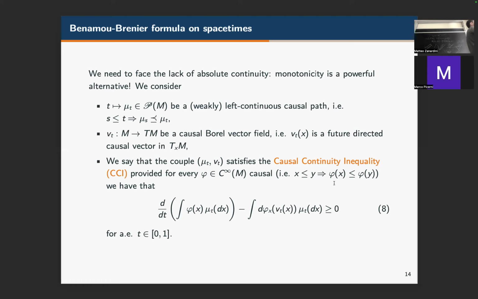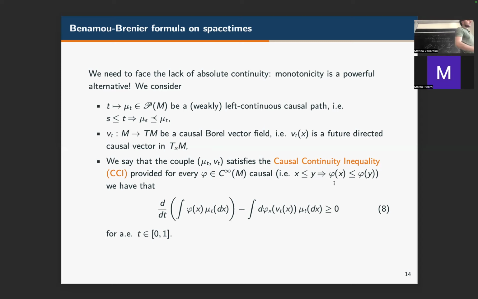Notice that this resembles very much the continuity equation integrated only in space, and the time variable is just considered for almost every time. Okay, you can multiply by a smooth compactly supported function in time, just integrate back, and you also get the inequality in time, and there is an inequality instead of an equality.